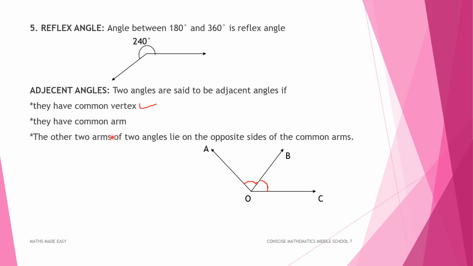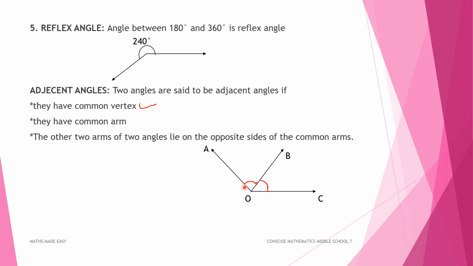They should have a common arm. What is the common arm? From this diagram, can anyone guess where the arm is? Previously I have explained what an arm is. Yes, OA is an arm, OB is an arm and OC is an arm. These three are the arms. And what they said is they should have a common arm. For these two angles AOB and BOC, which arm is common?